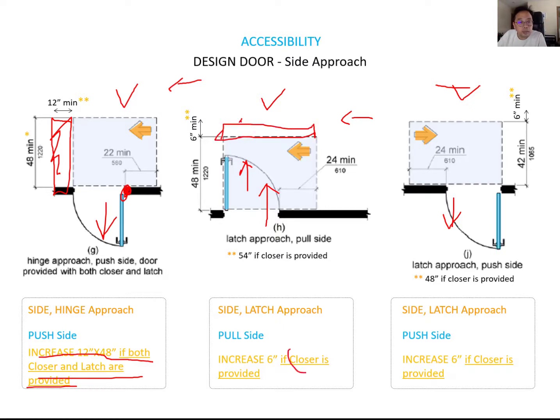If you have a push side, you also have to provide an extra 6-inch clear space when it has the closure. Okay. So it's about understanding the side approach case and why we need this extra space. In this case, we can answer: if a closure is provided, you have to provide more clear space. You can see the actual example from here.